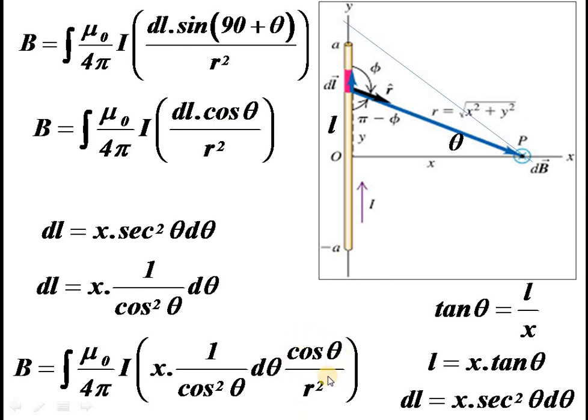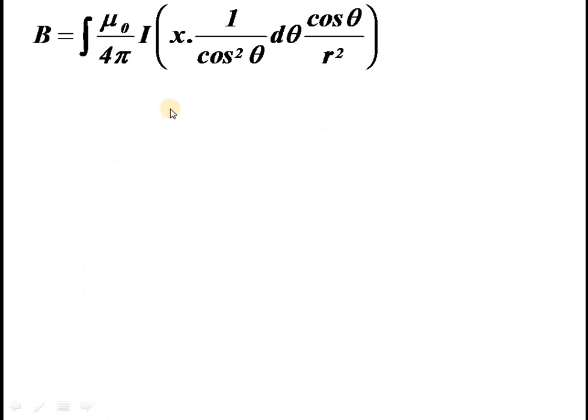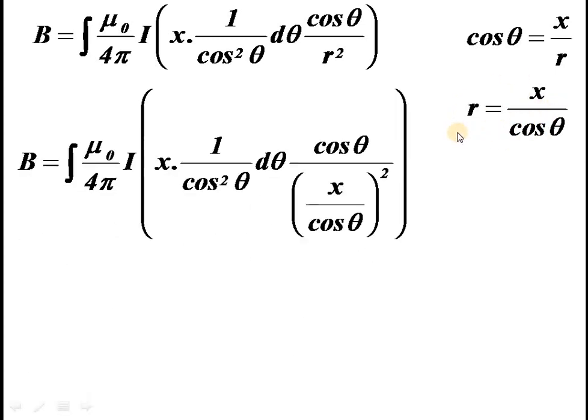Before that, you should also know that from the same triangle you can write cos theta is equal to x by r, or r is equal to x by cos theta. You can use the previous diagram. Now we replace r also with x by cos theta in r square.